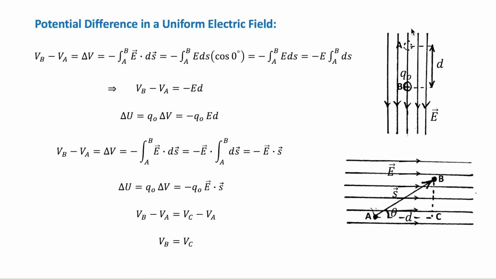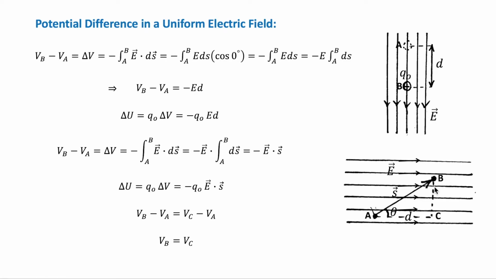So it will accelerate towards the positive charge. If we wanted to move it in the direction of the field, an external agent must apply force and do positive work on it, okay?